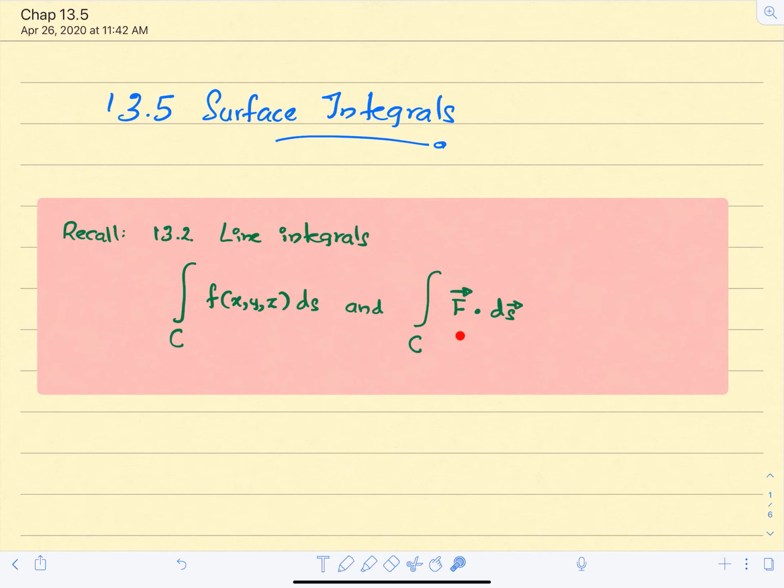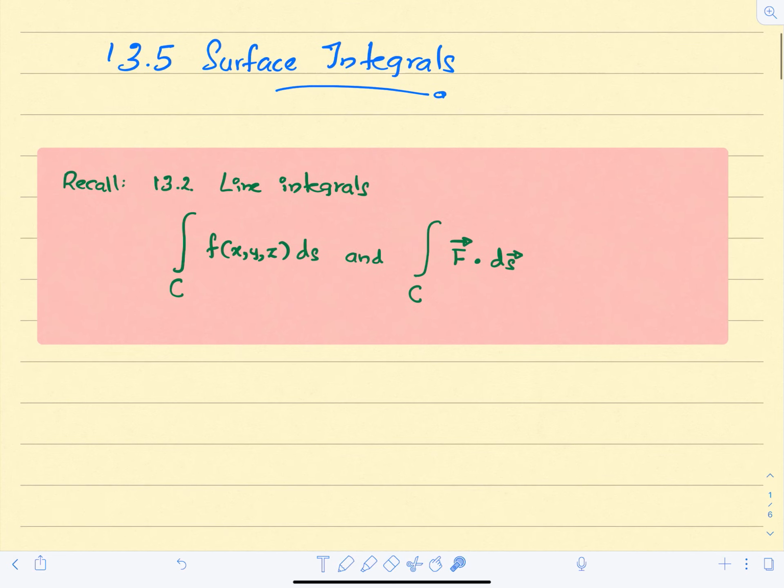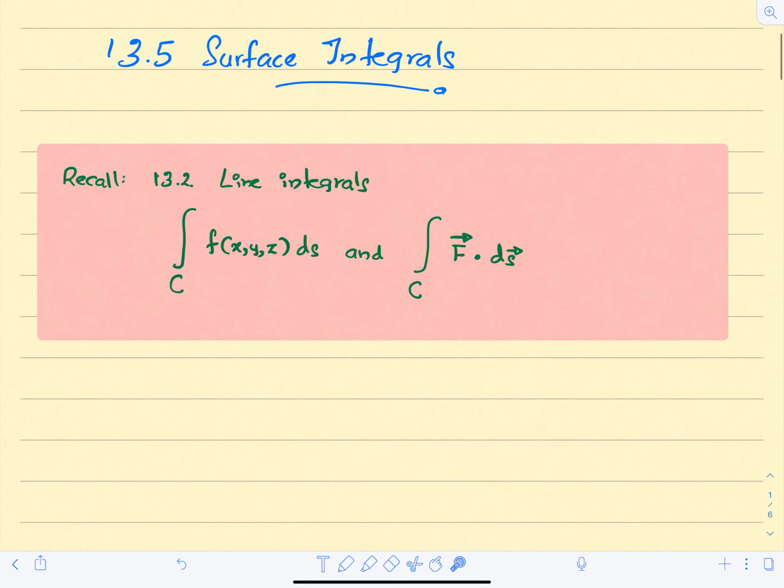Now when I consider a line integral, here I wrote d little s, and here I wrote d little s with an arrow because this is a vector quantity. Now in this section, in 13.5, we are going to define an integral over a surface.